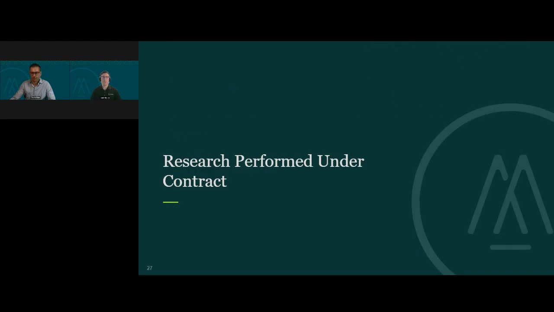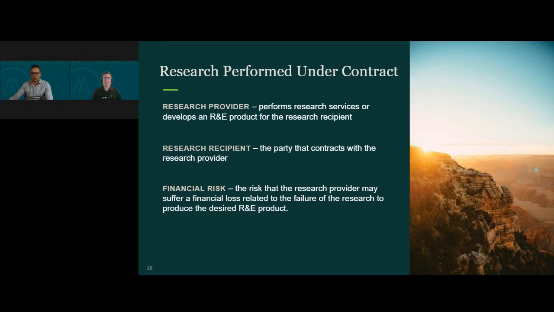All right, so moving on to research performed under contract. This is another area where taxpayers had a lot of uncertainty regarding Section 174 treatment. But essentially, the guidance provided some new terminology, some of which is shown here on the slide. But the first is the research provider.